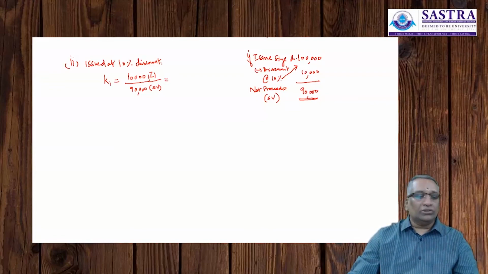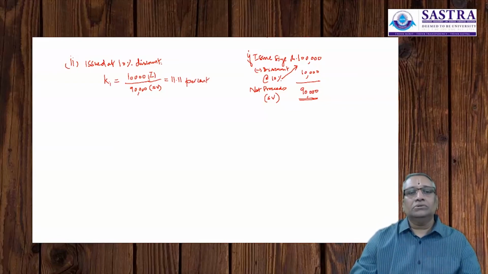So in that case, the cost of debt will be 11.11% before tax.